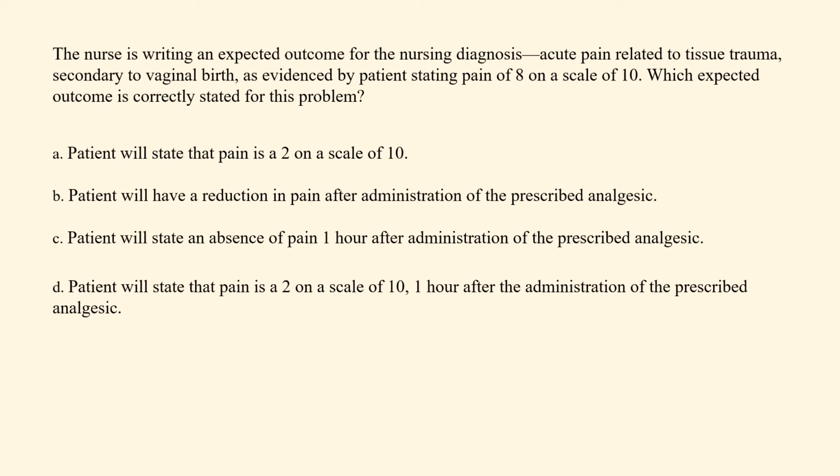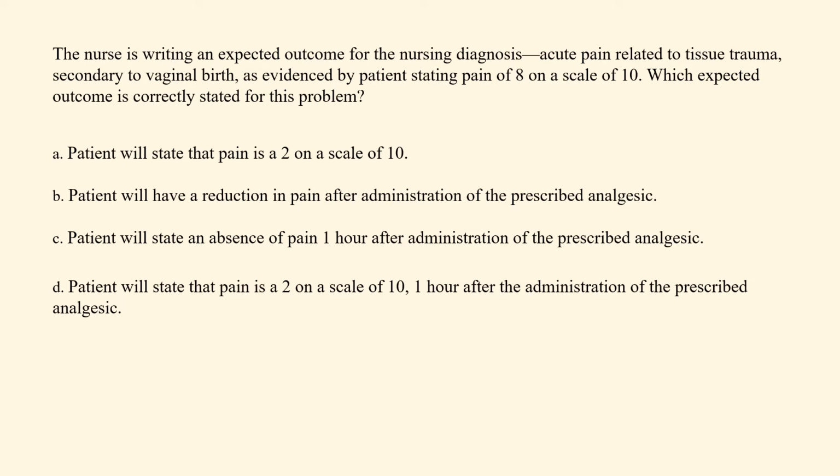The nurse is writing an expected outcome for the nursing diagnosis: acute pain related to tissue trauma, secondary to vaginal birth, as evidenced by patient stating pain of 8 on a scale of 10. Which expected outcome is correctly stated for this problem? A. Patient will state that pain is a 2 on a scale of 10.